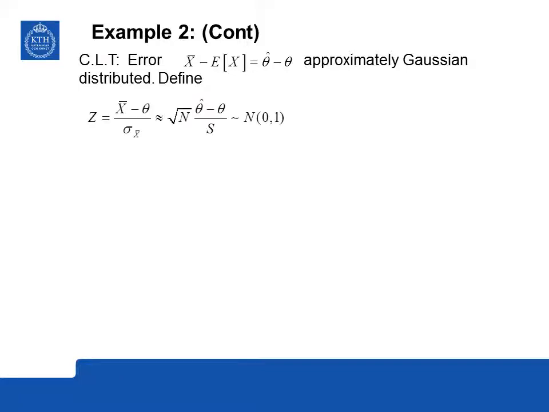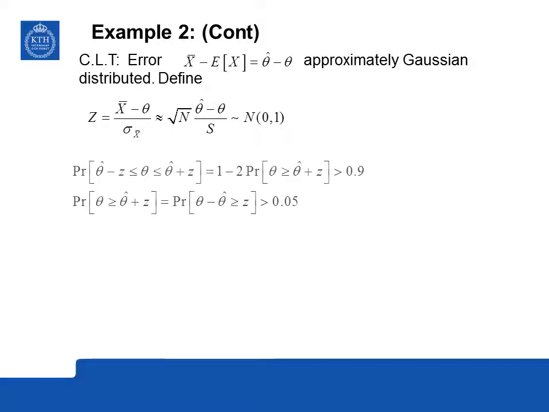So we can define z, which is x bar minus its expectation, and if we divide that by the standard deviation, we know that z will be a Gaussian or a normal 0,1 distributed random variable. And here we can plug in s instead of sigma. S is our sample standard deviation.